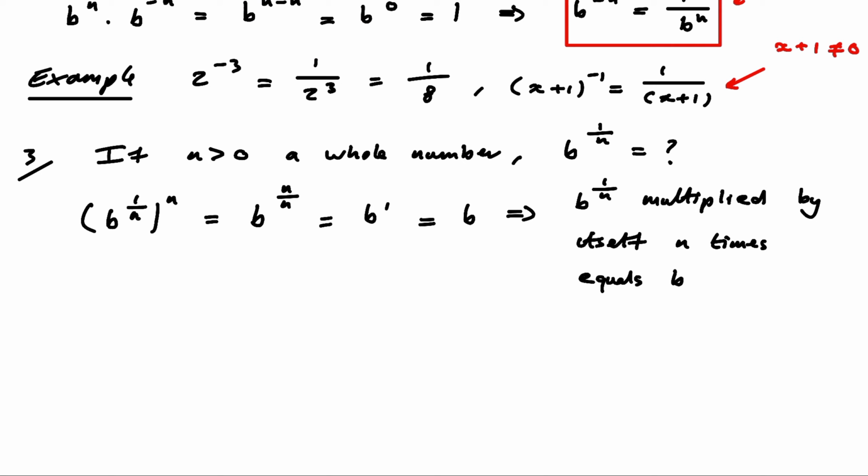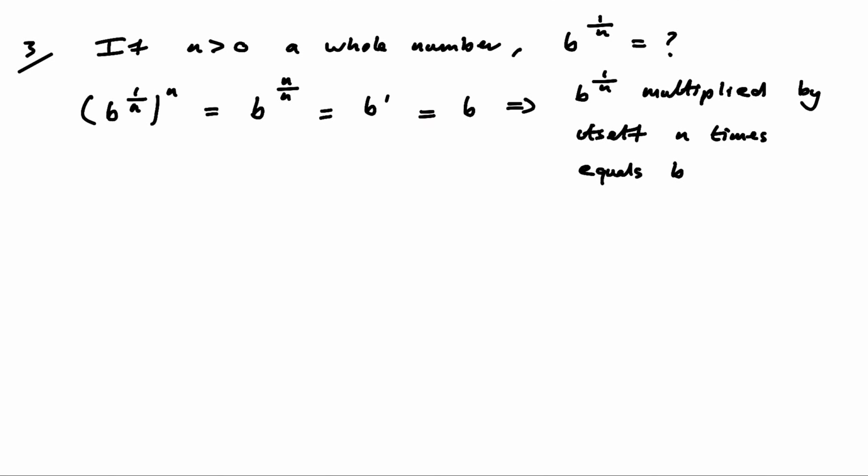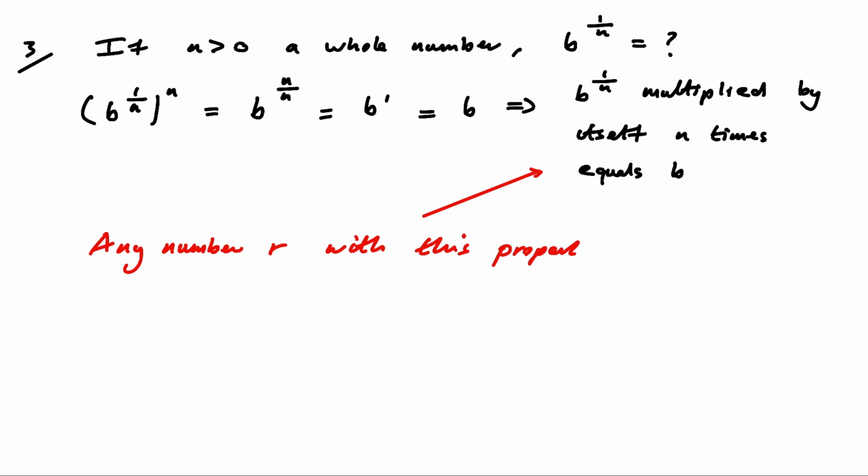So let me talk a little bit about this property. This is quite a lot more complicated than the previous examples. So any number, let's say r, with this property, is called an nth root of b.